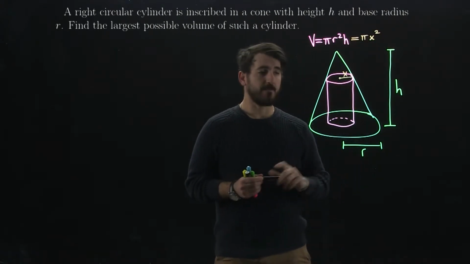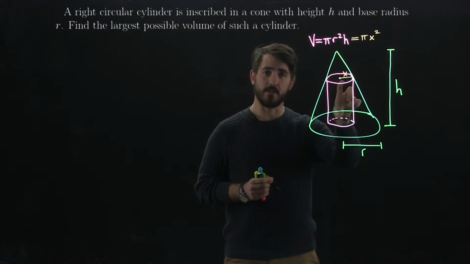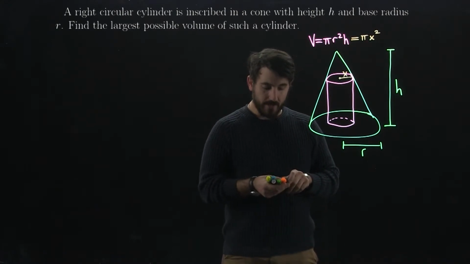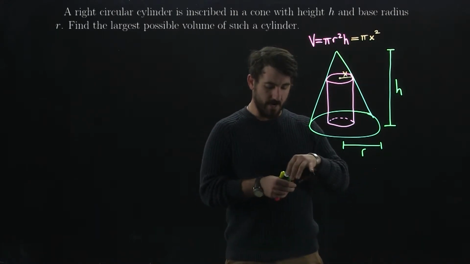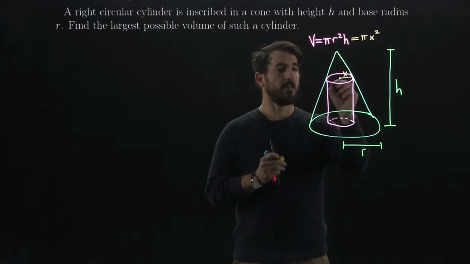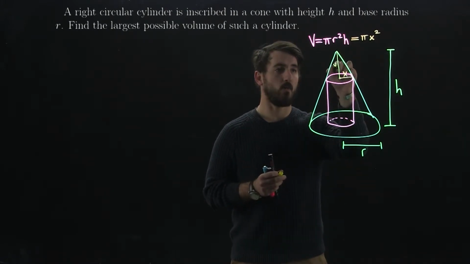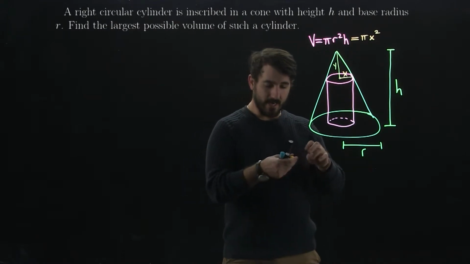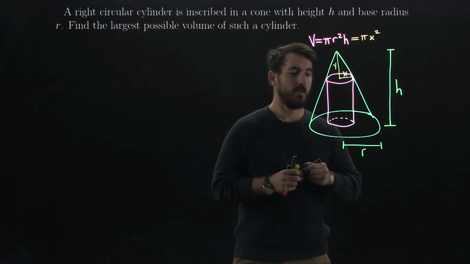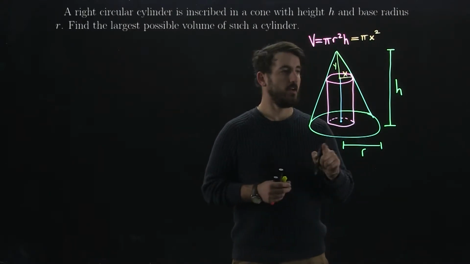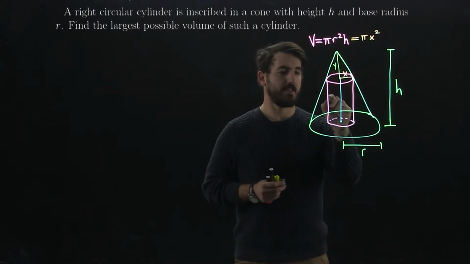Now, I want to find a height of the cylinder with respect to the cone, since it's confined inside this cone. One way we can do this is I'm going to first label the height from the top of the cylinder to the top of the cone. I'm going to call that y. Now, as a consequence of that, that leads me to make this height h minus whatever that height y is.